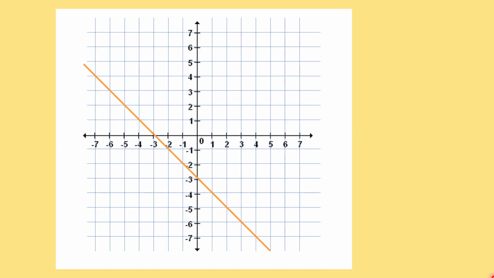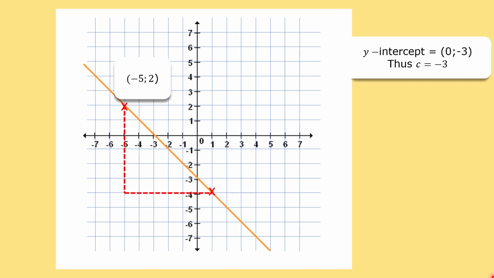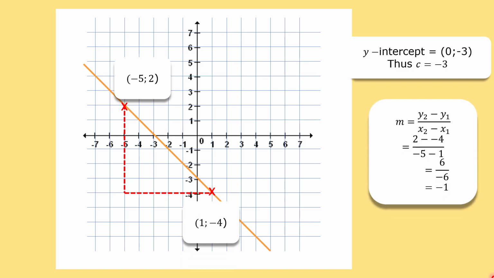The orange line, the y-intercept, we know that is 0, negative 3. So for the gradient, let's use 2 points. Those are the coordinates of the one point and the coordinates of the other point. To get the vertical change, we say 2 minus 4. And then we've got that length, and that is 6. Then we'll take negative 5 minus 1.